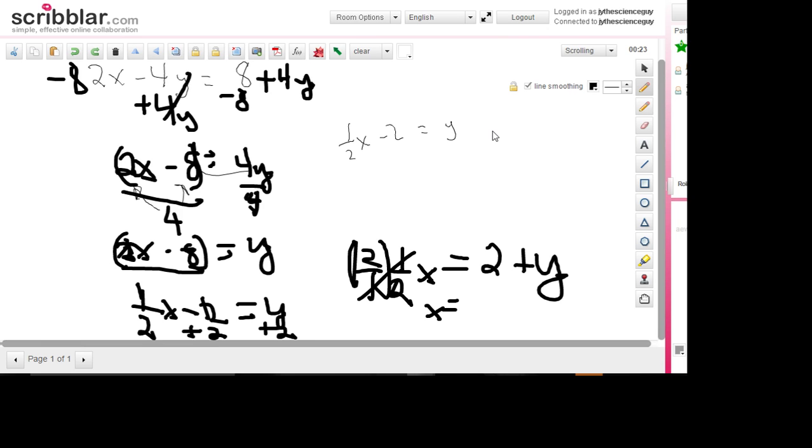This whole thing times 2. x equals 4 plus 2y.